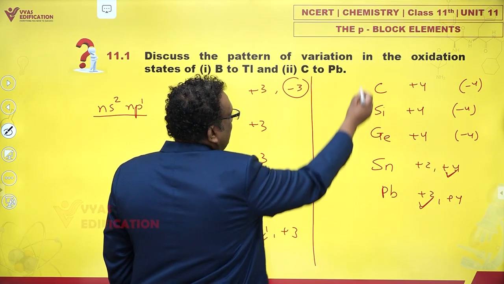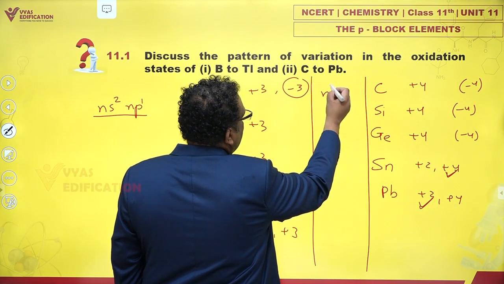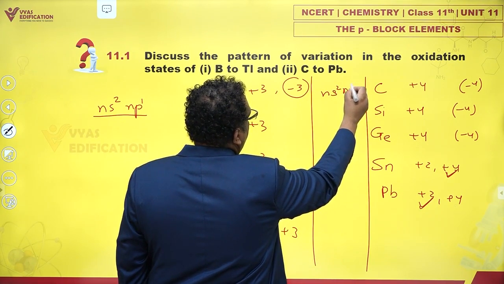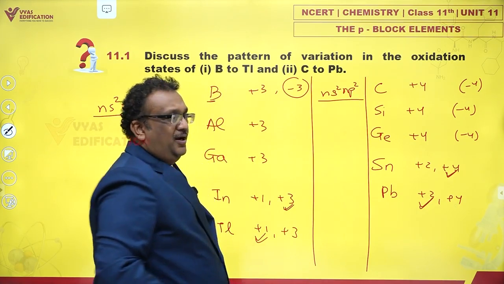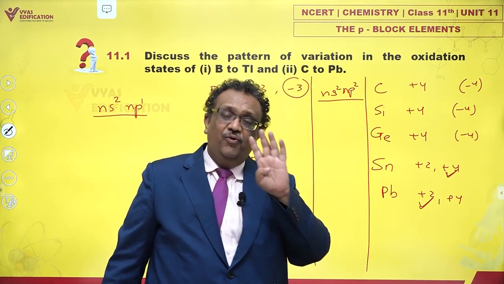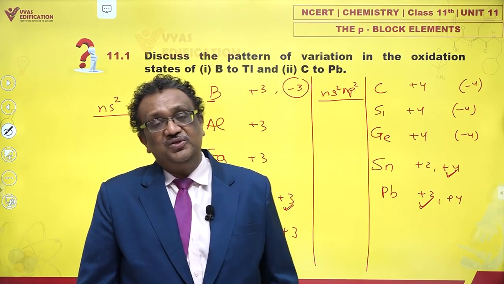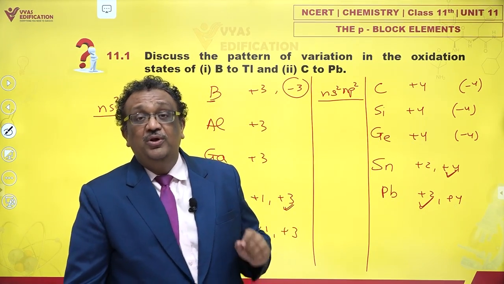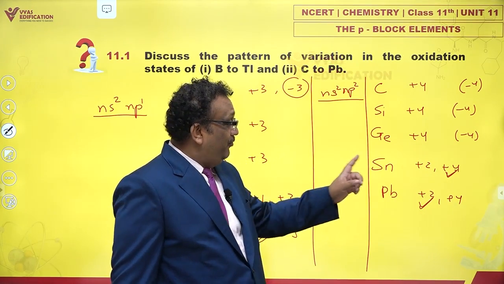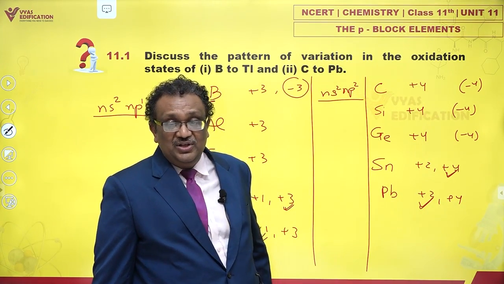Some answers are very similar. The general electronic configuration is ns2, np2. When both the s and p electrons are lost, 4 electrons are lost, and that is why there is a common oxidation state of +4. As you move down, the stability of the lower oxidation state increases.